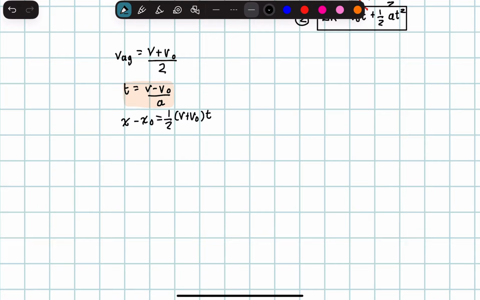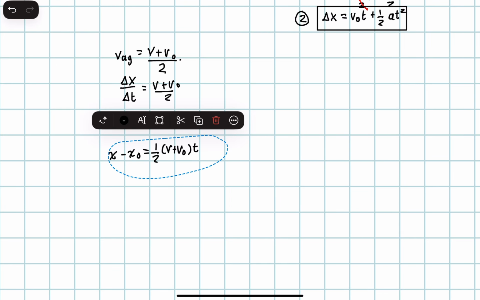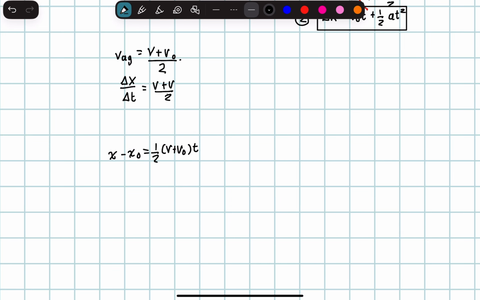Actually, you can say that v average is equal to delta x over delta t. And then you can just say time instead of that. So then after that, you can rewrite delta x as this expression here.